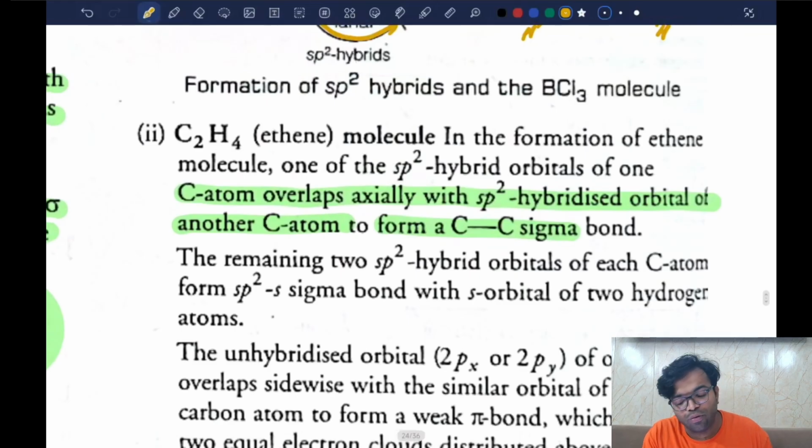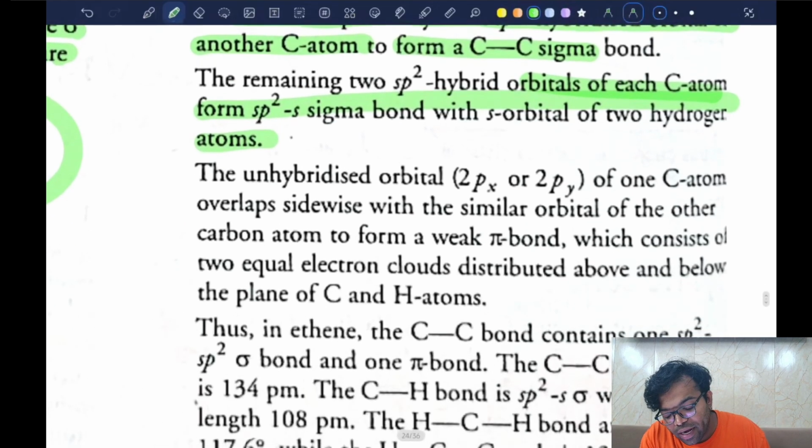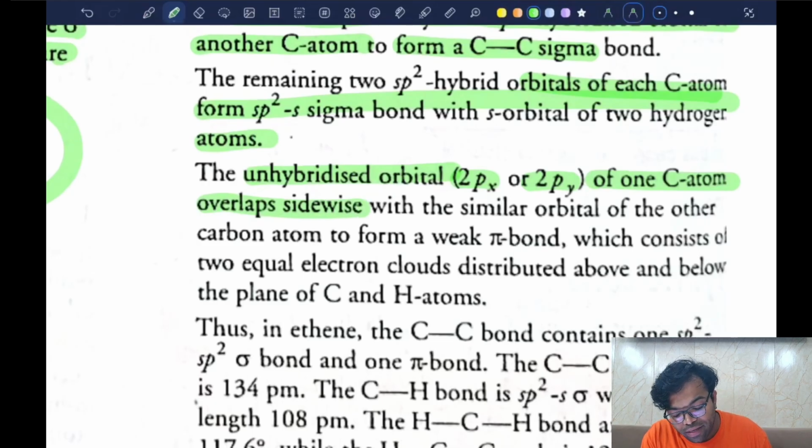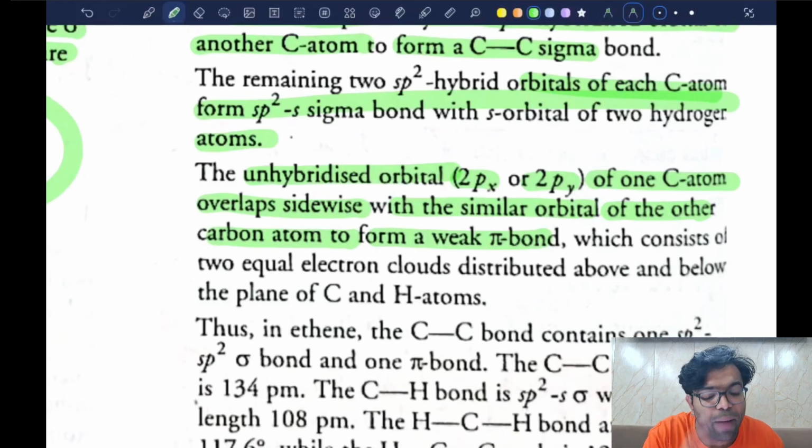But the rest of the two hybrid orbitals are going to be used to form the sigma bond between carbon and hydrogen. The unhybridized orbital, either the 2px or the 2py of one carbon atom, overlaps sideways with the similar orbital of the other carbon atom to form a weak pi bond. Okay, it is forming one weak pi bond.